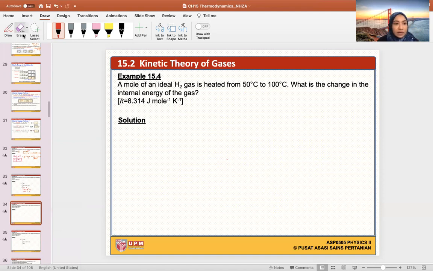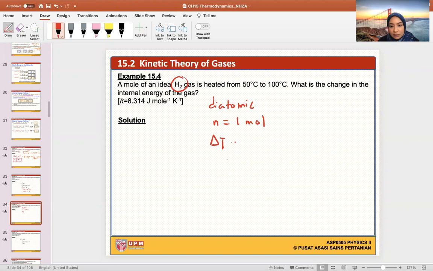A mole of an ideal gas, H2. This is diatomic, right? A mole, so n is equal to 1 mole. It's heated from 50 degrees Celsius to 100 degrees Celsius.